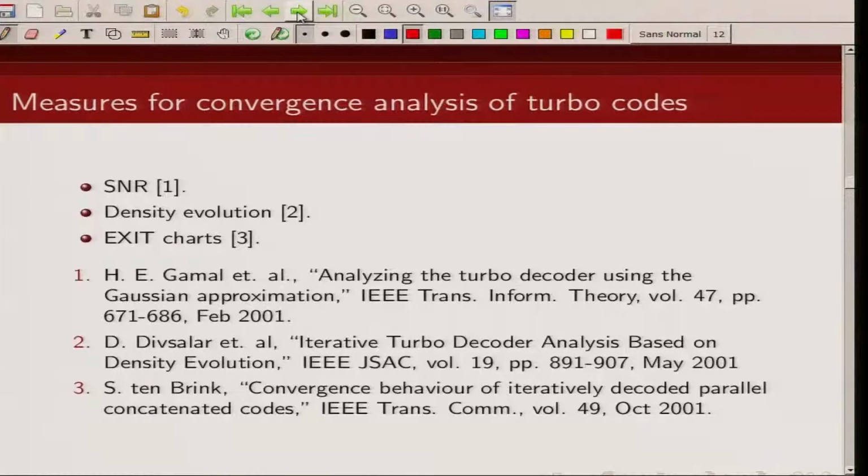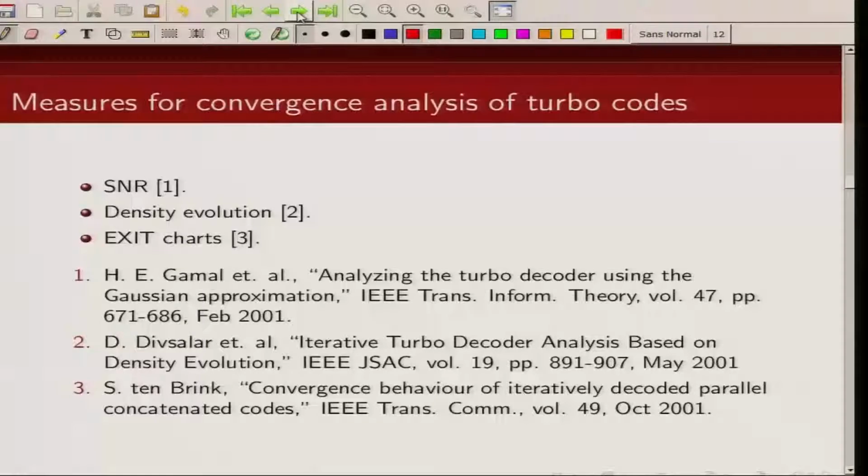So, as I said, there are 3 popularly known techniques for convergence analysis, and the idea of these techniques is they track one parameter related to the extrinsic information and track the same parameter related to the a priori information.